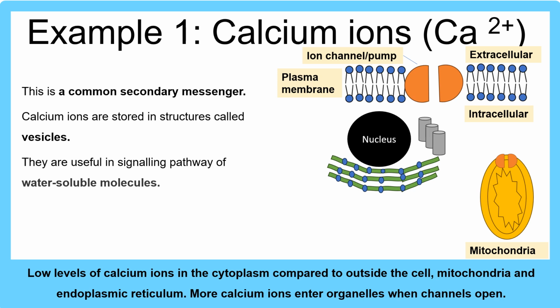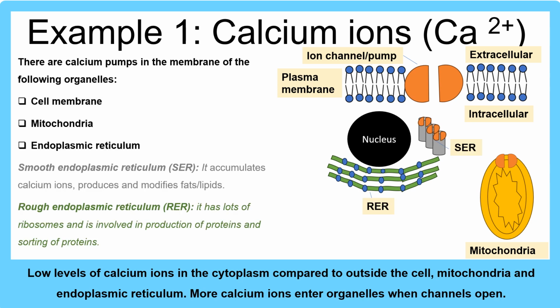More calcium ions can enter the organelles when the channels open. That's how it can maintain the low level. As earlier mentioned, the cell membrane and the mitochondria have calcium ion channels or pumps.